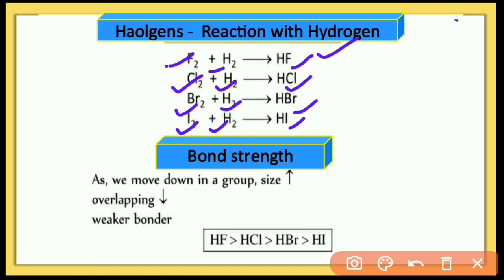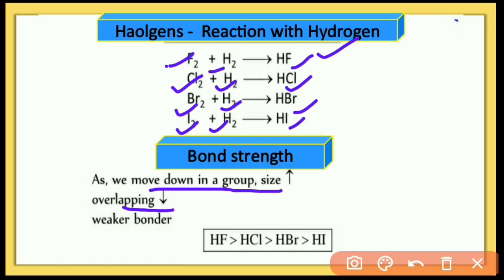So let's see the bond strength in hydrogen halides. As we move down the group, atomic size increases and overlapping decreases, so the bond is weaker. Therefore the bond strength decreases when we move down the group.